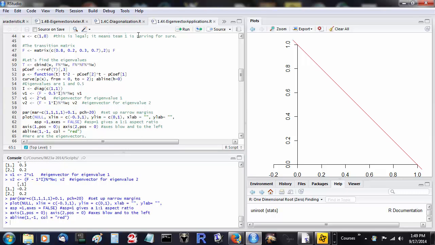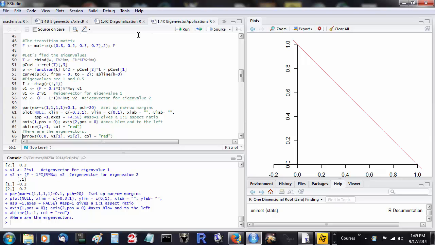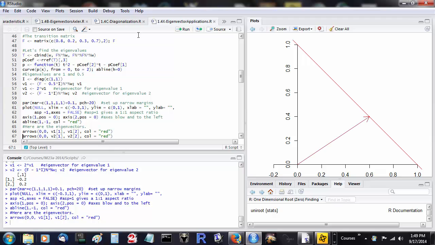So there's our plot, and remember we had this red line that indicated the possible values of the probability vectors. The components cannot exceed 1, and they have to sum to 1. Now let's plot our eigenvectors on this same diagram. First plot eigenvector 1, and you say, oh yes, we've seen that before.